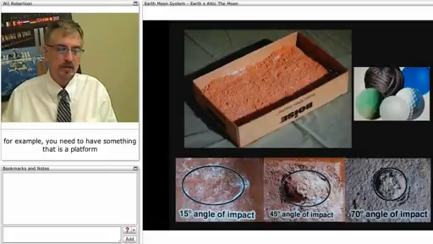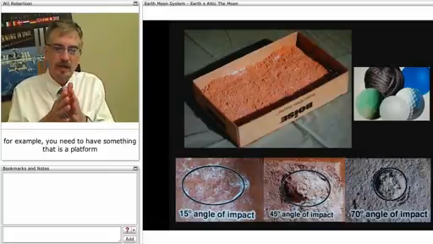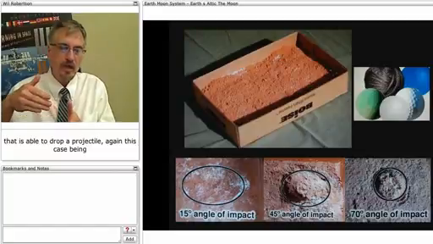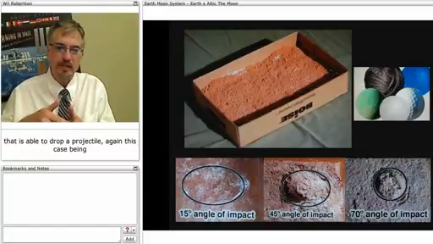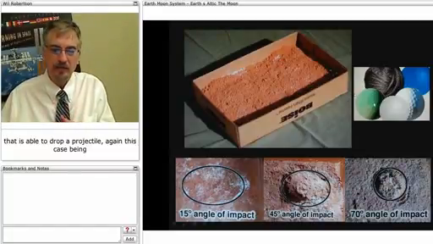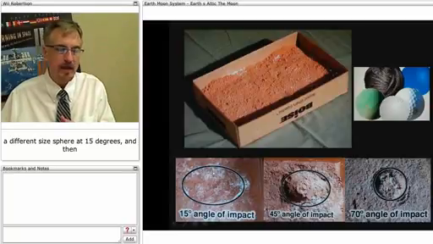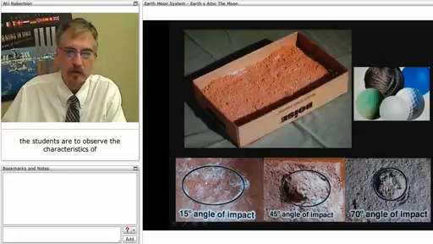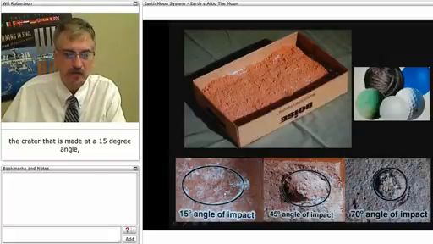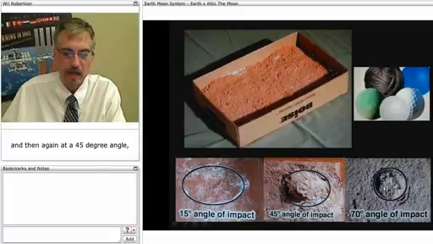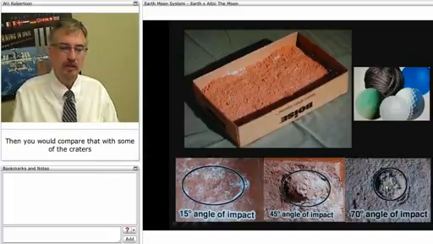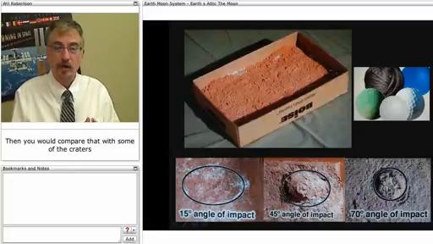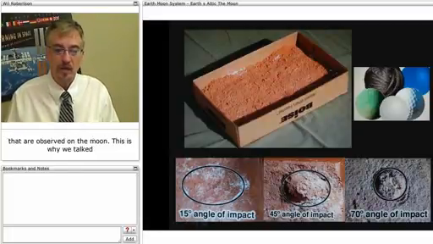For example, you need to have a platform that is able to drop a projectile, in this case a different size sphere, at 15 degrees, and then the students are to observe the characteristics of the crater that is made at a 15-degree angle, and then again at a 45-degree angle, and then lastly a 70-degree angle, and then you would compare that with some of the craters that are observed on the moon.